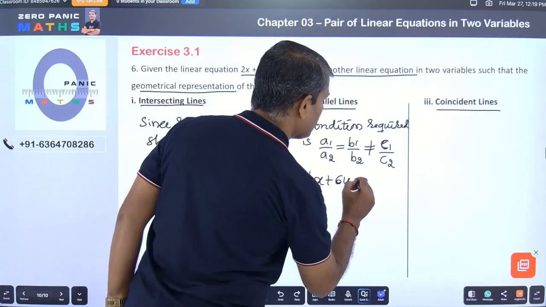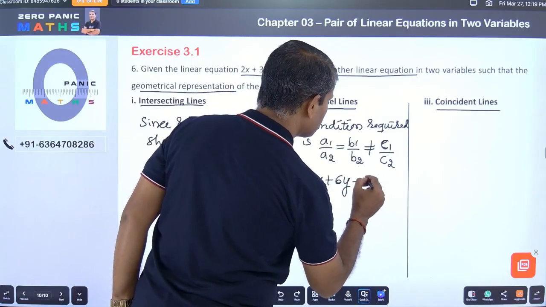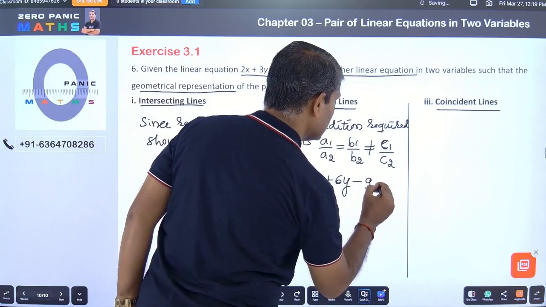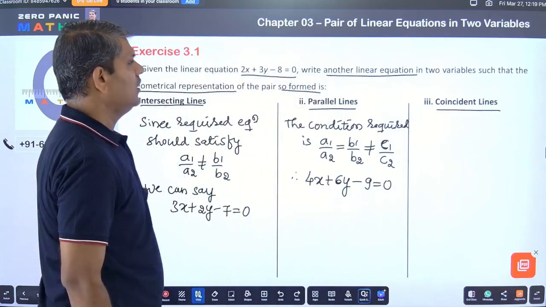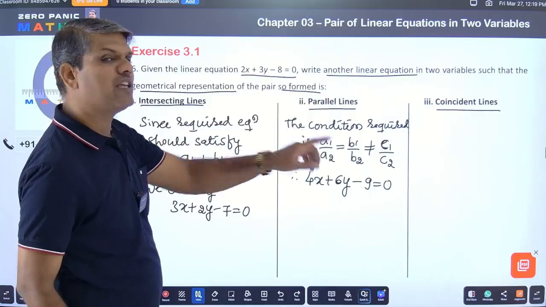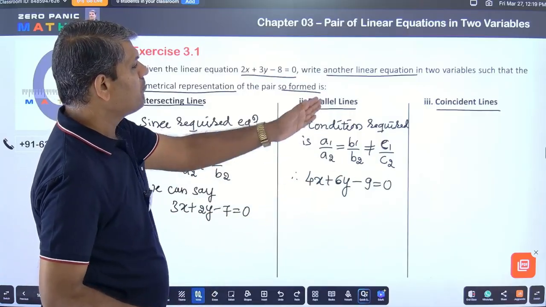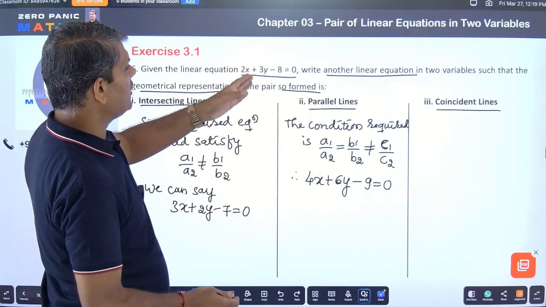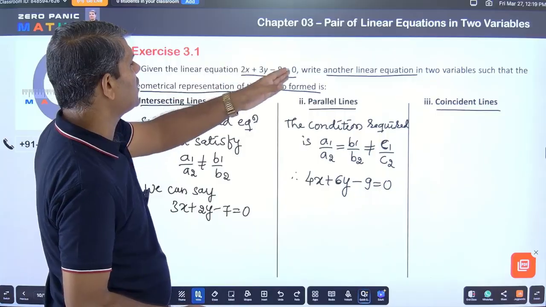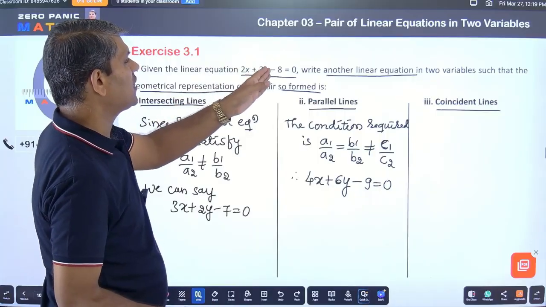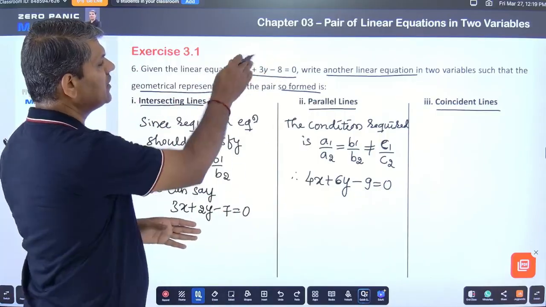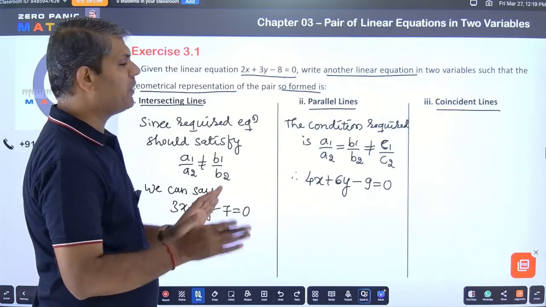And instead of minus 8, I can say minus 9 is equal to 0. So that makes minus 8 by minus 9, which is not equal to 1 by 2. So that is the parallel line that actually satisfies the condition with 2x plus 3y minus 8. Okay, this is the parallel line for this. This is a simple example.